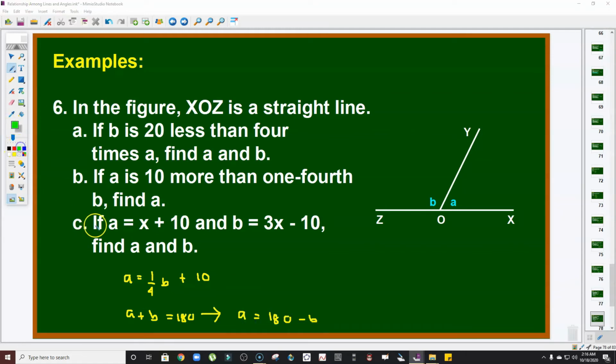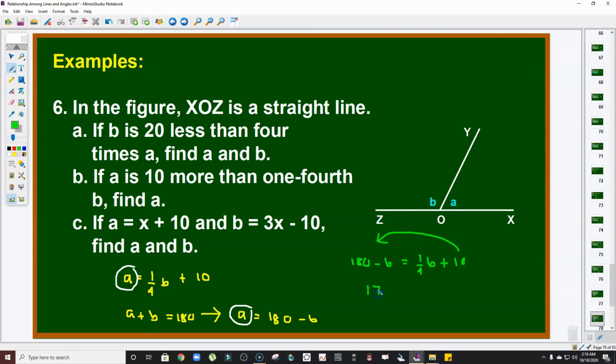See that? Okay, now, like what we did, both are equal to A, so papalitan ko yung A ng 180 minus B. Okay? So that's equal to 1/4 B plus 10. Now, so anong gagawin? Okay, combine like terms. Pagsamahin ko yung constant, so yung positive 10, transpose ko sa kabila, that will be negative 10.